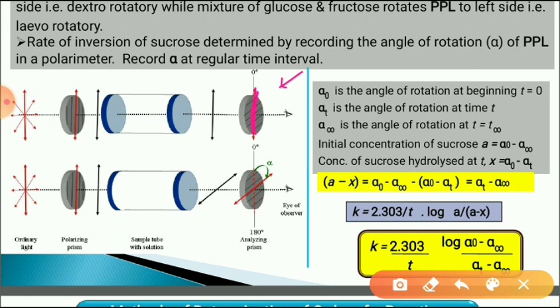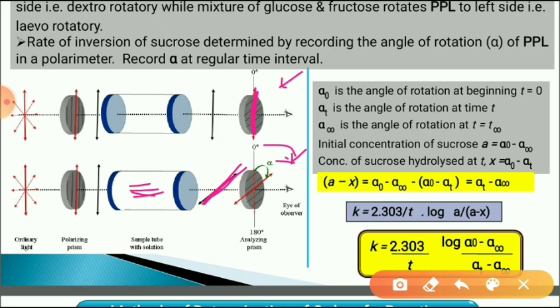But if the sample is present in the solution, the same plane polarized light, that is PPL, is rotated, diverted from its original plane, and gives a new angle, rotated to the right. This is due to the sucrose in this case.